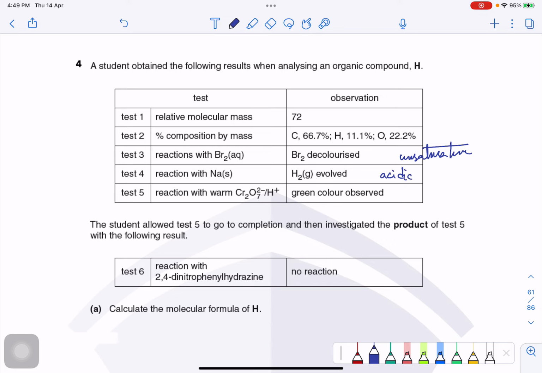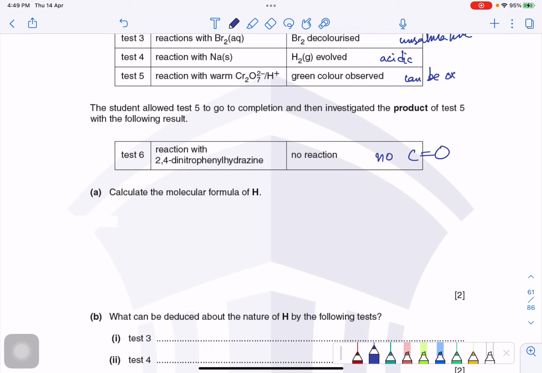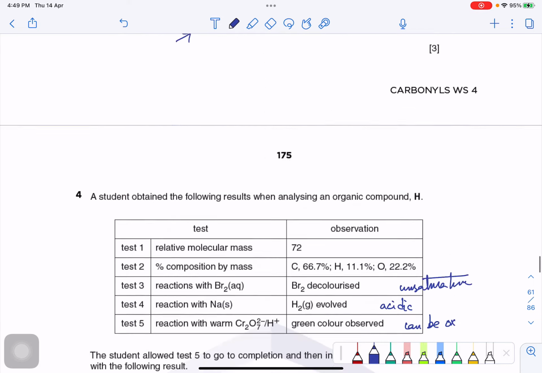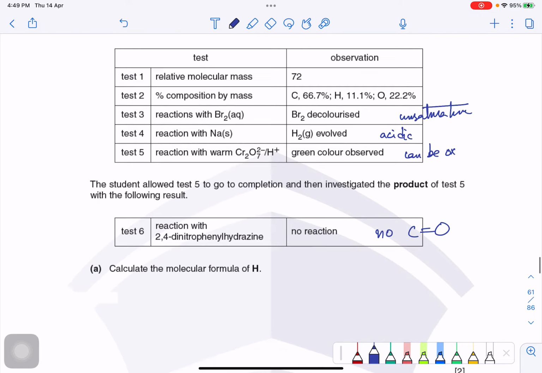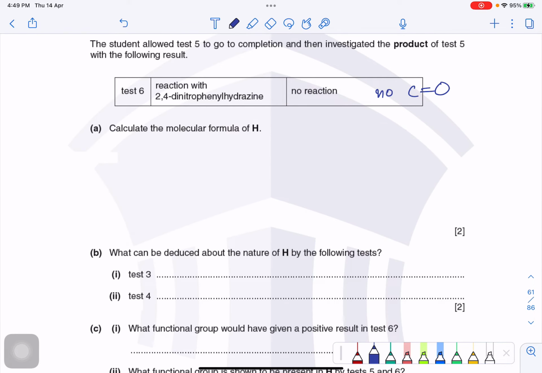It can be oxidized. This is the information we're getting from this. No reaction with DNPH, so no carbonyl bond. There are 5 different compounds. No, wait a minute. This is 1H, right? So let's see. This is all we know about this molecular formula.